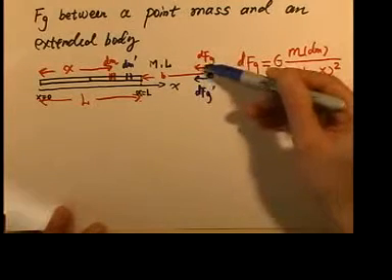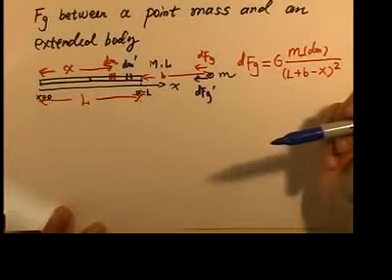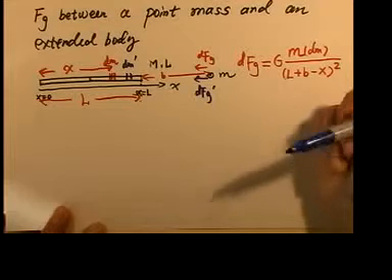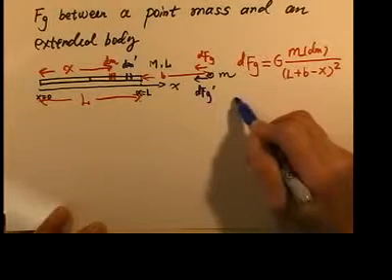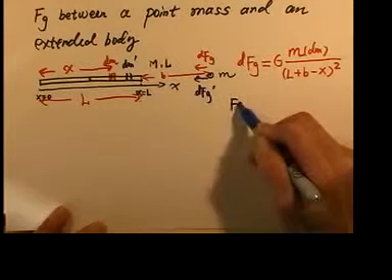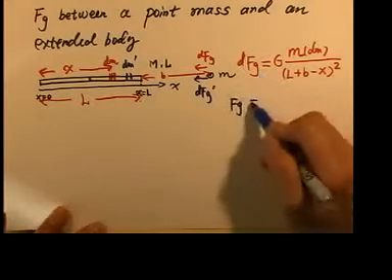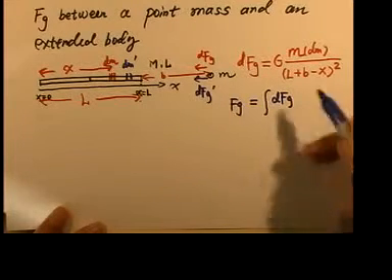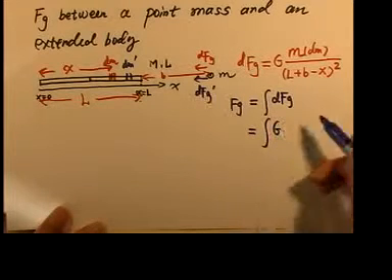So these two forces can be added directly because they have the same direction. Therefore, we can safely add all the dFg. We expect the total gravitational force between the ruler and point mass m is the summation of all the little dFg. That gives us this result.